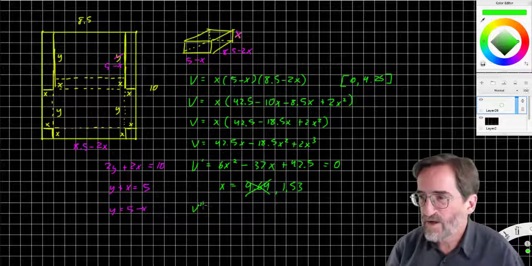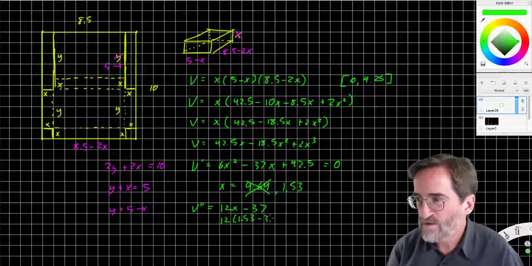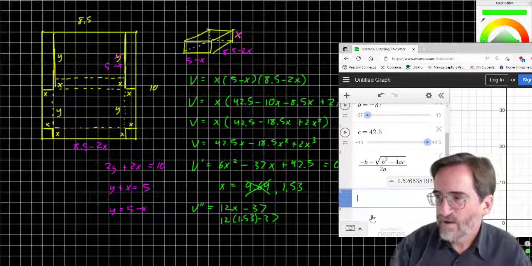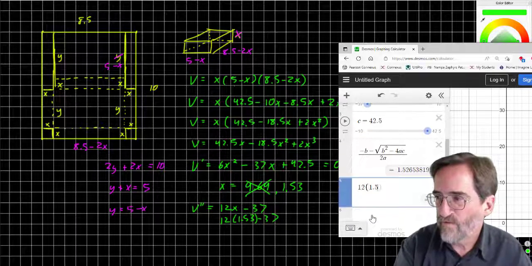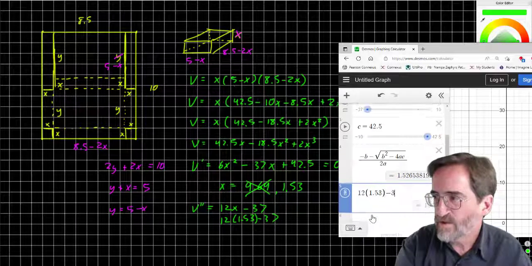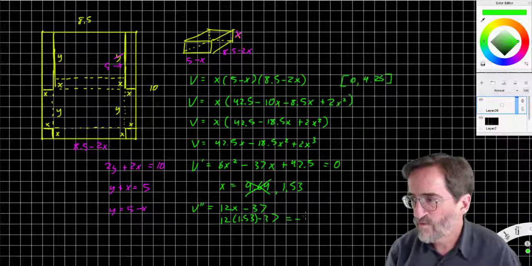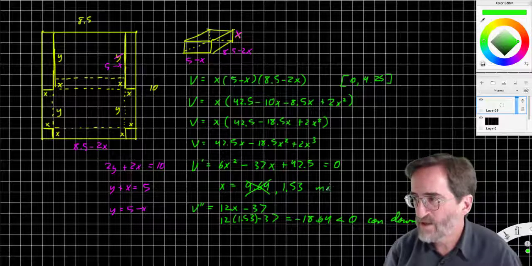So v double prime is 12x minus 37, and 12 times 1.53 minus 37 is negative 18.64, which is less than 0, which is concave down, which means this is a max.